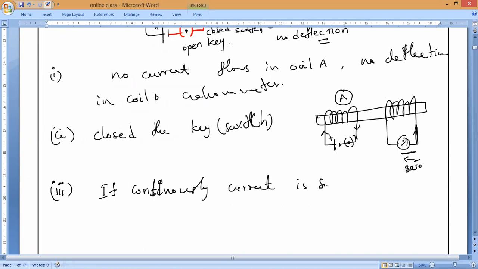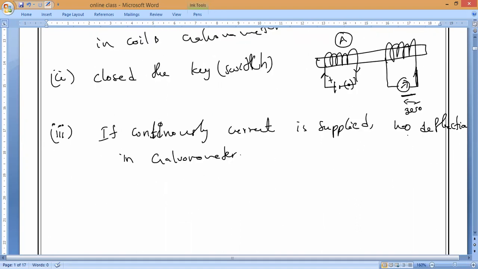Current is supplied, and there is no deflection in the galvanometer. Do you understand, everybody? Please respond. Only during the on moment do I observe some deflection in the galvanometer, and if I continuously supply the current, there is no deflection in the galvanometer of coil B.